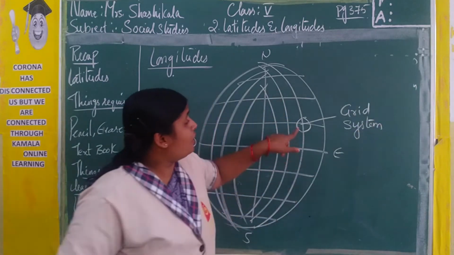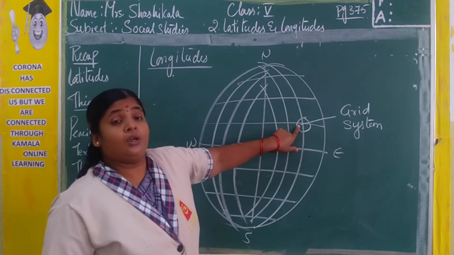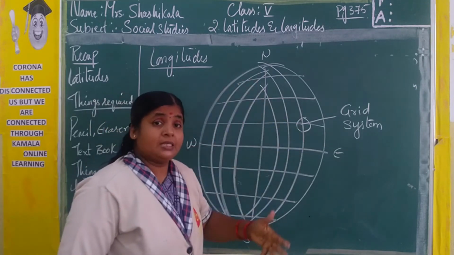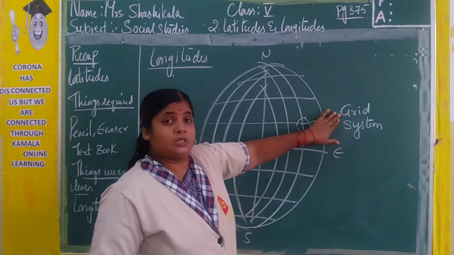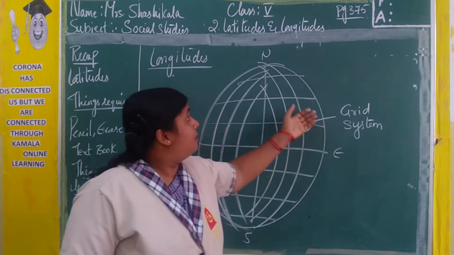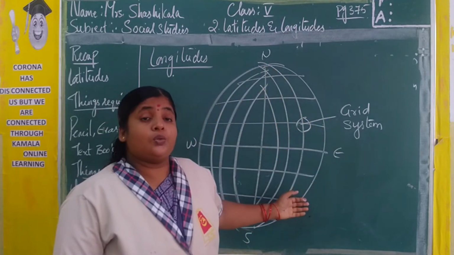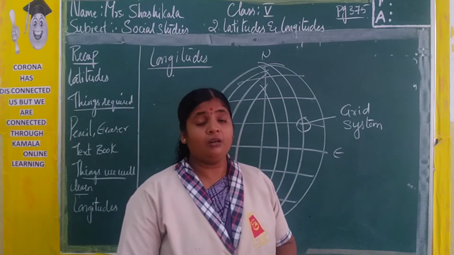The intersecting point of both the latitudes and longitudes helps us know about the place and the time of that place. So with the help of these latitudes and longitudes, we can locate the place accurately and get the exact time of that location.